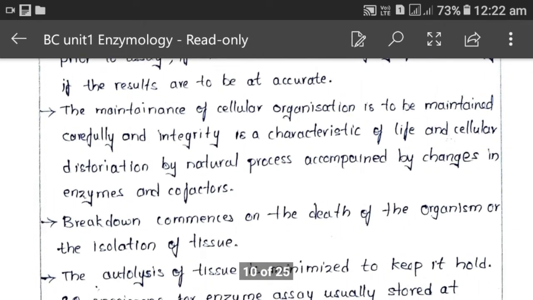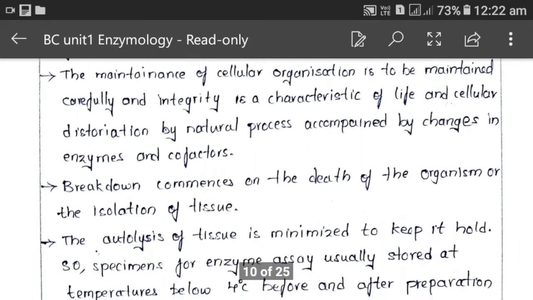The cellular organization must be maintained carefully, and we should take utmost care that the characteristic life of that particular cell is not disturbed by any natural processes.